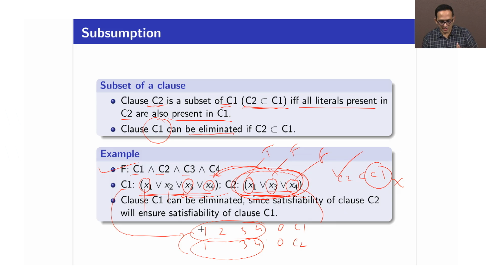In this way you can cross-check and identify. So if you try to identify this between 2, for each such clause you have to check the other one.